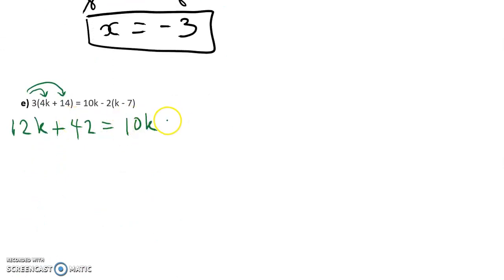I don't need to multiply it by anything, but I do need to multiply this -2 here into the stuff in the bracket. So I've got -2k, and this is where you've got to be careful, this negative sign here with this negative sign. So that's going to become +14. So now what I'm going to do is minus the 10k from both sides.